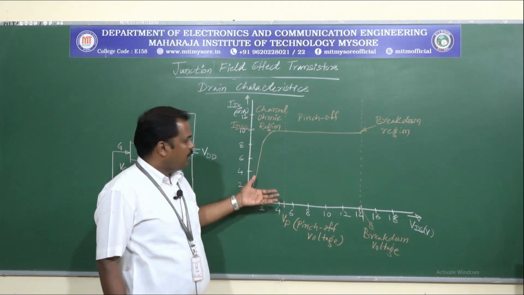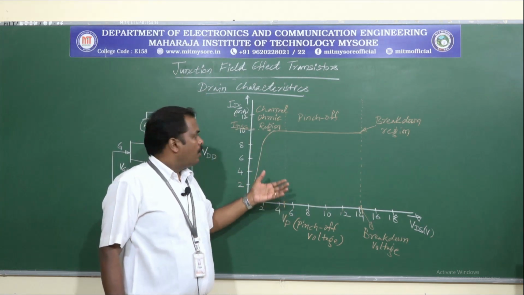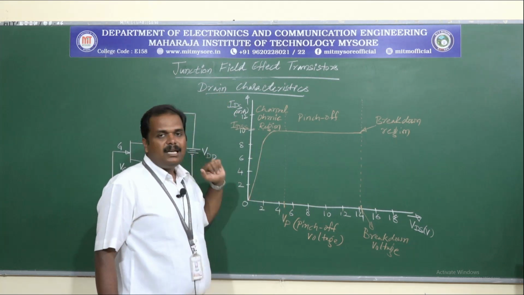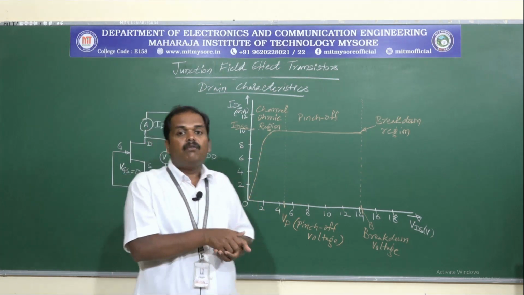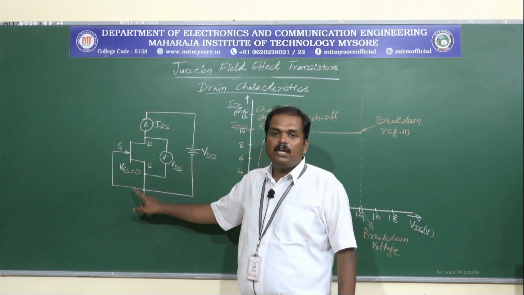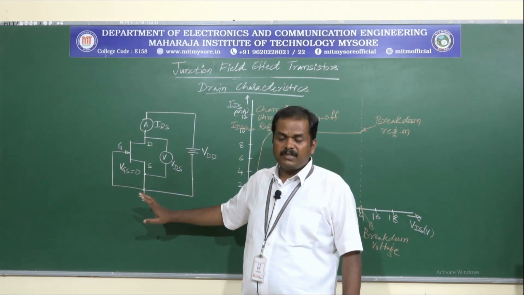So this is the VI characteristics, or drain characteristics, of the N channel JFET for VGS equal to 0.